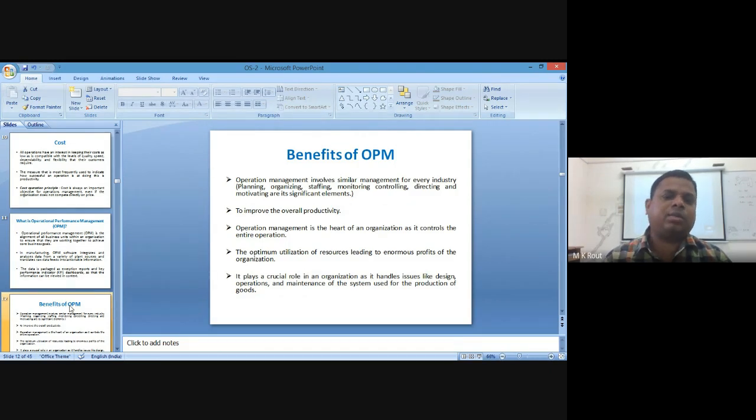Operation management involves similar management for every industry: planning, organizing, staffing, monitoring, controlling, directing, and motivating. These are the significant elements included in operation management. The next point is to improve overall productivity. Operation management is the heart of the organization.